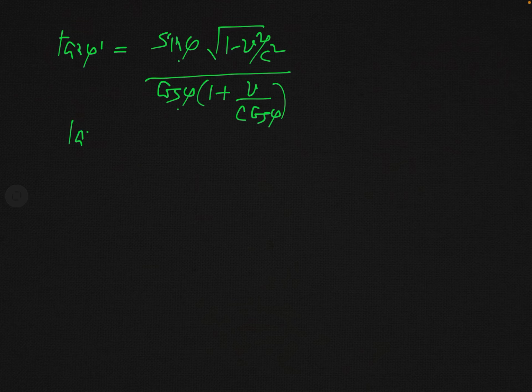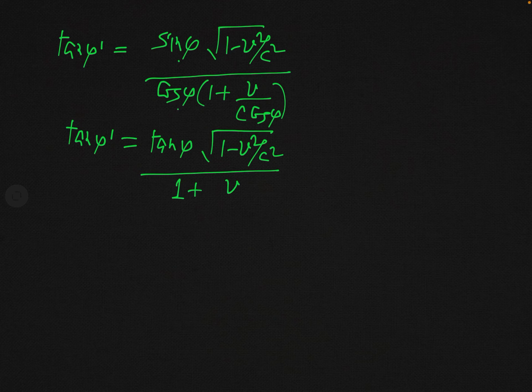And so we can write that tan phi prime is equal to tan phi into root over 1 minus v square by c square and divided by 1 plus v over c cos phi.